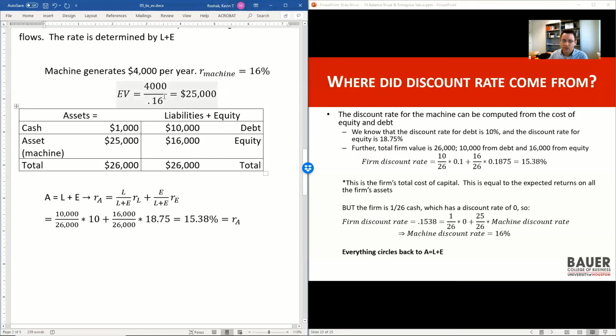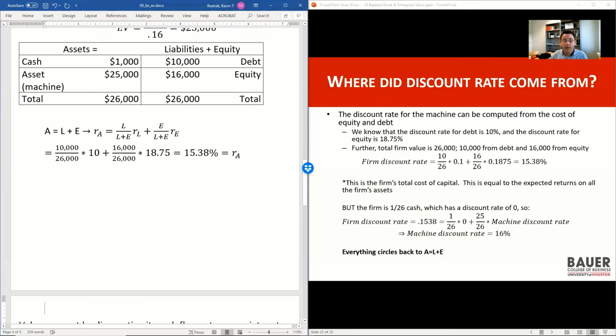Okay, so we're almost to 16%, right? I said we got to figure out the 16%. Where did that come from? We're almost there. We're at 15.38%. That's the discount rate on all of the assets of the company. Now remember, we've got two assets. We've got the cash and we have the machine. Just like we divvied up the returns on the assets between debt and equity, we can also divvy it up between the cash and the machine, right? Remember that the assets are equal to cash plus the machine.